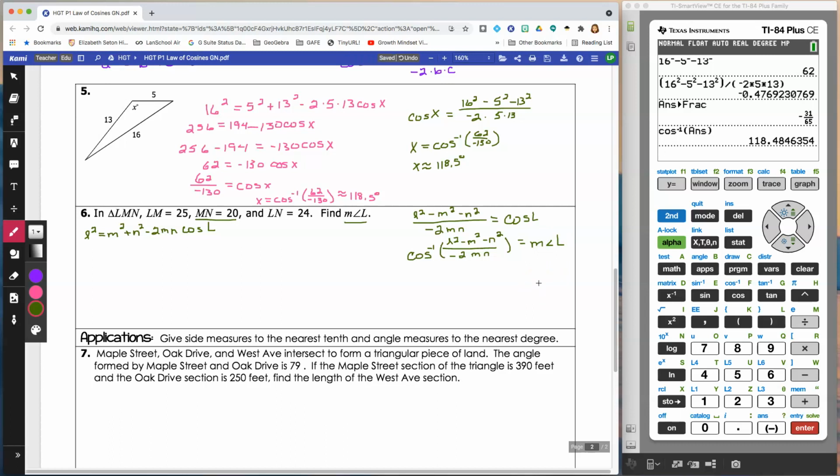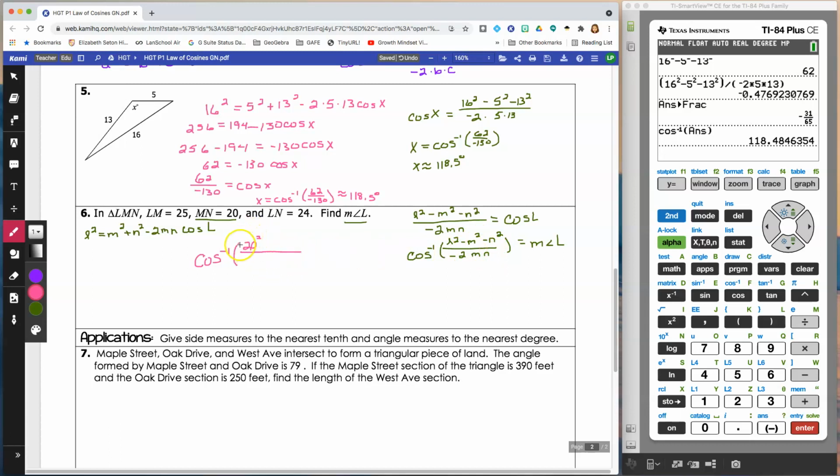I'm going to plug in the numbers and we're going to look at how to use the calculator most efficiently to answer this question. So again, where's my side L? That's the one that's opposite angle L. So that's my MN. So I have the inverse cosine of, in my numerator, 20 squared. It doesn't matter which one's M and which one's N, right?